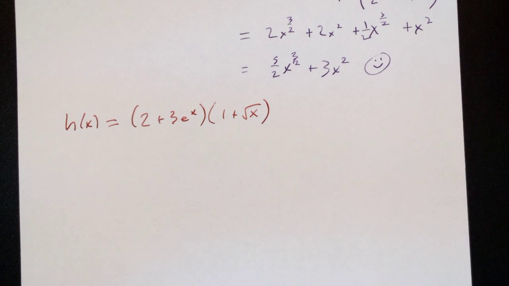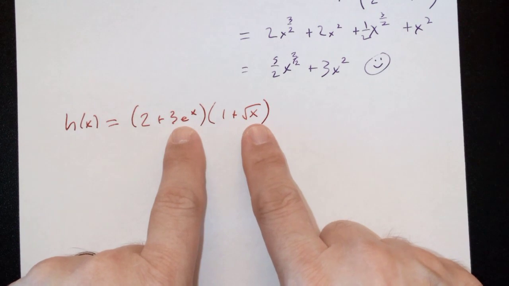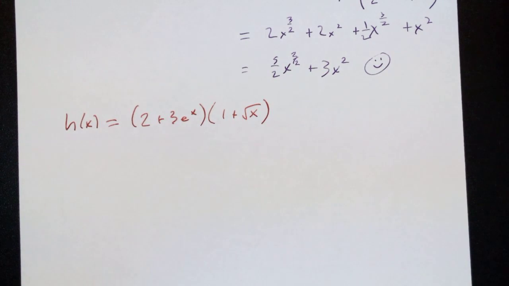I apologize, I hate using that term. I could distribute, which is mathematically correct, and FOIL this thing out. But if I do that, what happens at the last? I'll get 3e to the x times the square root of x. And that's still going to need the product rule anyway.